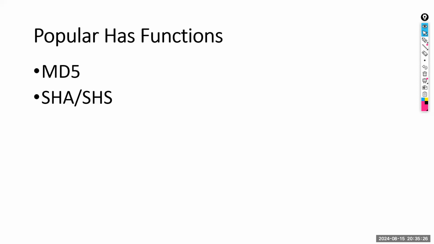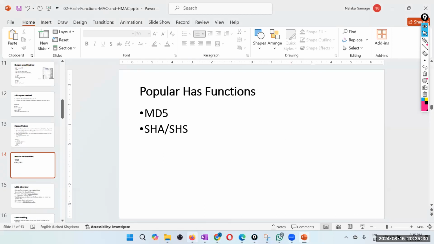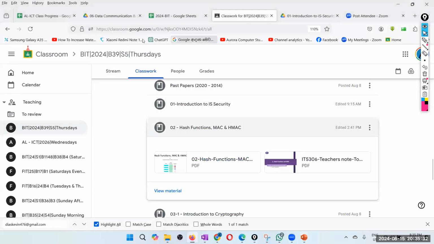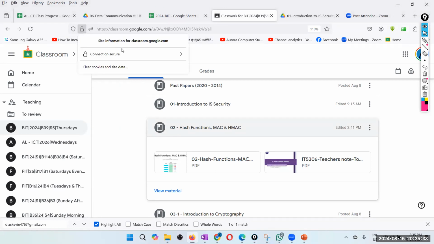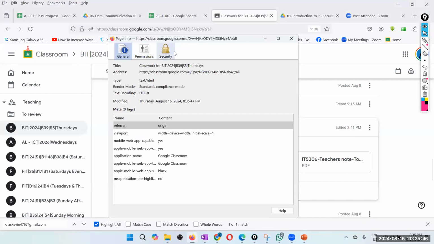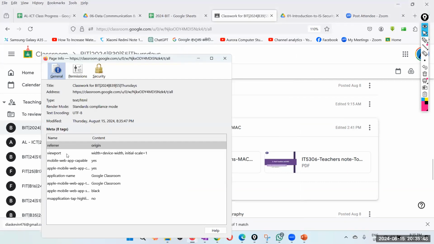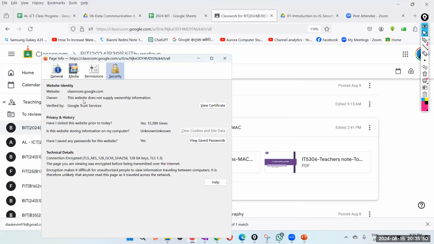And if you go to something like your browser, remember this one is also using encryption and decryption. I can go to its certificate. Connection is secure, more information, and certificate details. Maybe it's also using SHA.